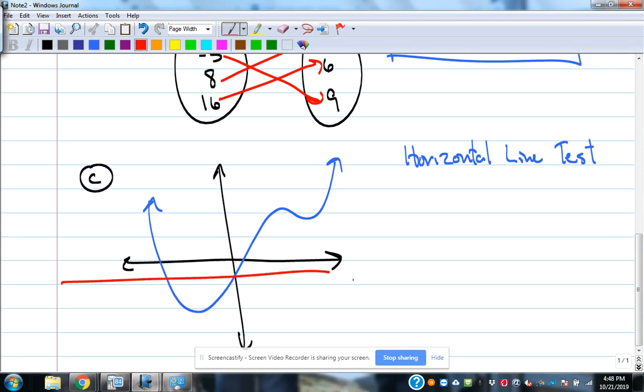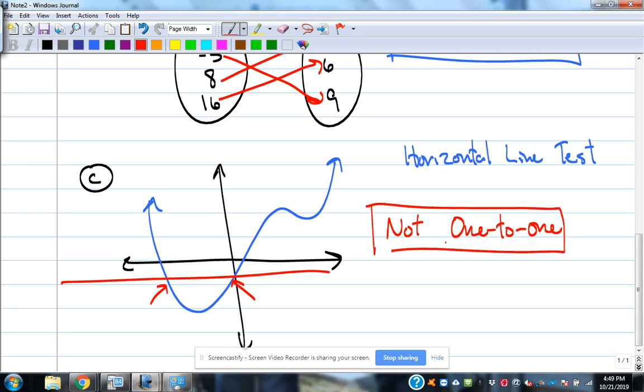If I drop a horizontal line on that thing, how many times does that red line cross the blue? 2 times. So that says that's got a repeated y value, and that does not make this one-to-one. So to be a one-to-one function, you have to pass the vertical line test and the horizontal line test.